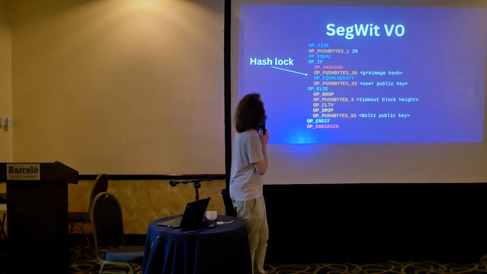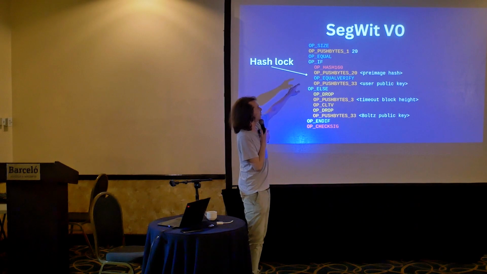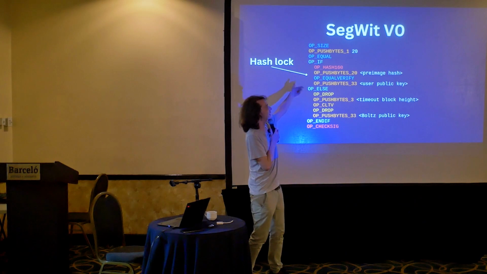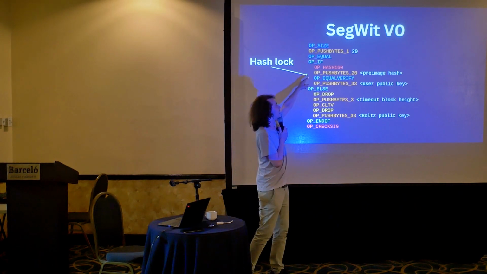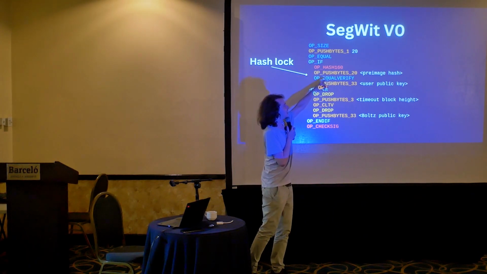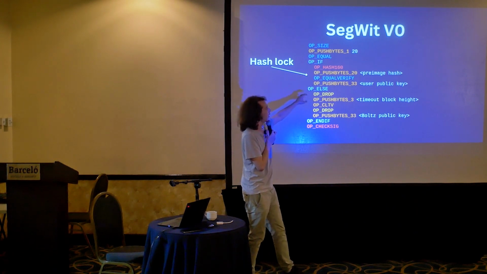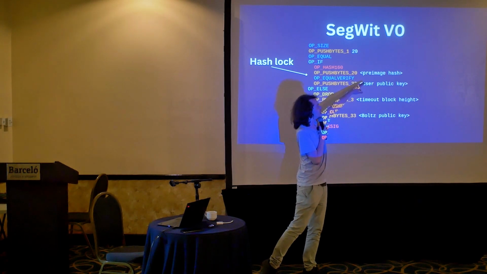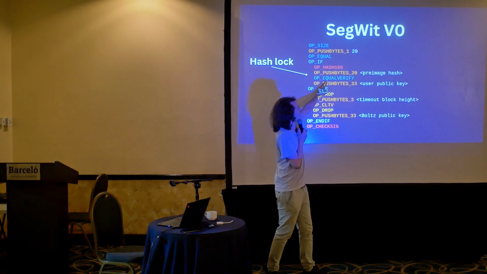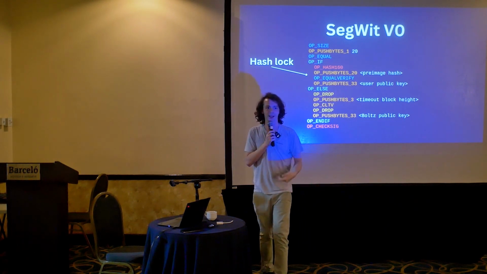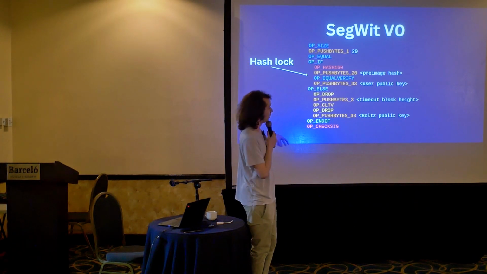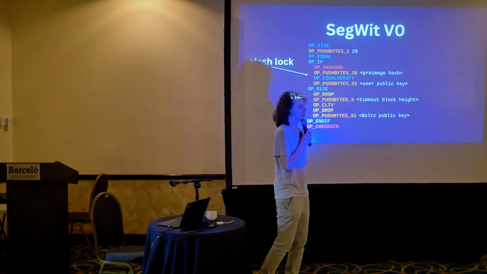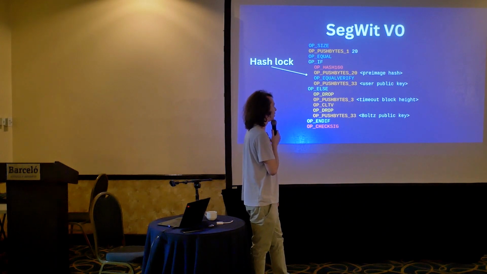In that case, we go into the hash lock segment. There's an OP_IF. So if the first parameter of the script has 32 bytes length, we go into the if. We take that variable, hash it with HASH160, push the hash lock, the hash, onto the stack, do OP_EQUALVERIFY, meaning that we verify that the HASH160 of the parameter is the same as the hash lock value that we expect it to be.